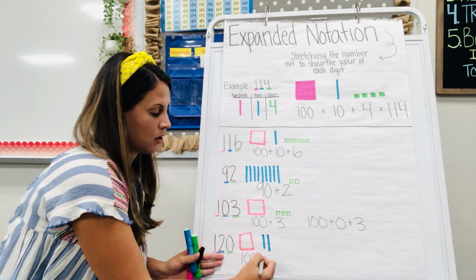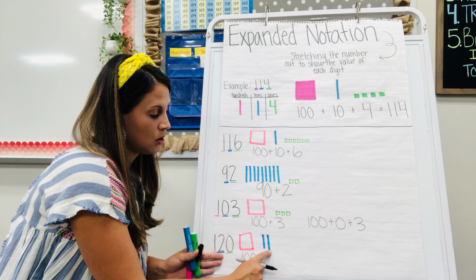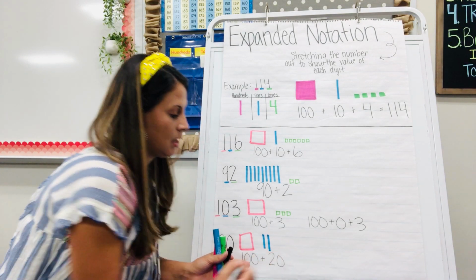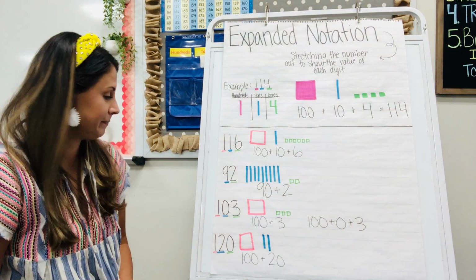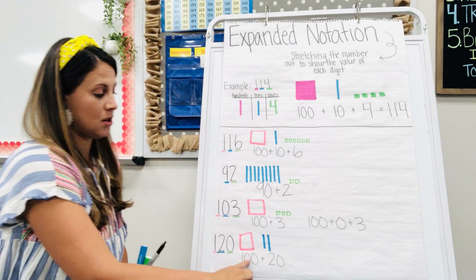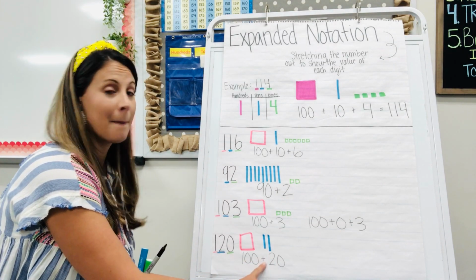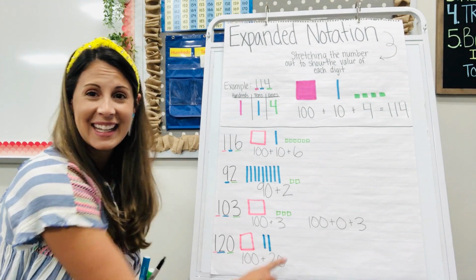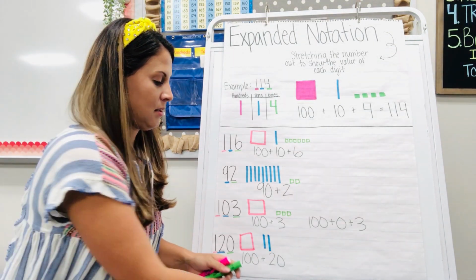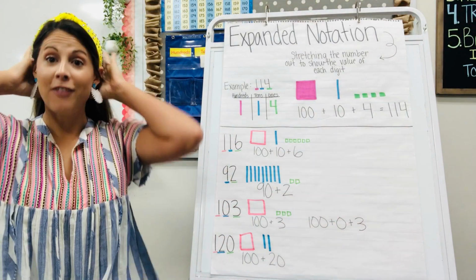The value of our 2 tens, 10, 20. And do we have any ones to add? 0 ones. So our expanded notation for 120 is 100 plus 20. Good job. All right. So I have some fun practice.